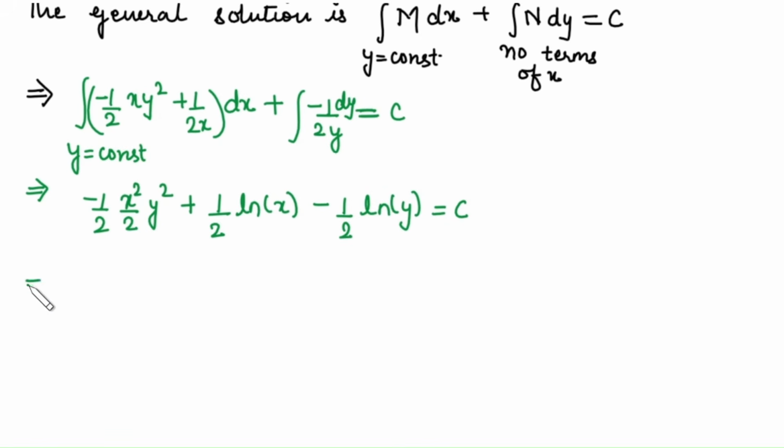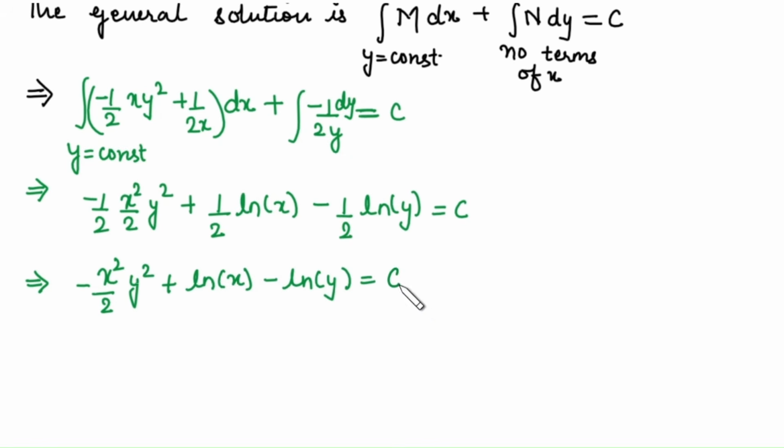More simplify this. You can check it. This term contains half. This is also containing half. This is also containing half. So we can multiply 2 with the entire equation. So you will get x square by 2 with a negative sign into y square plus log of x minus log of y is equal to 2 into constant, a new constant, let's suppose c1. That is equal to 2 times of c.